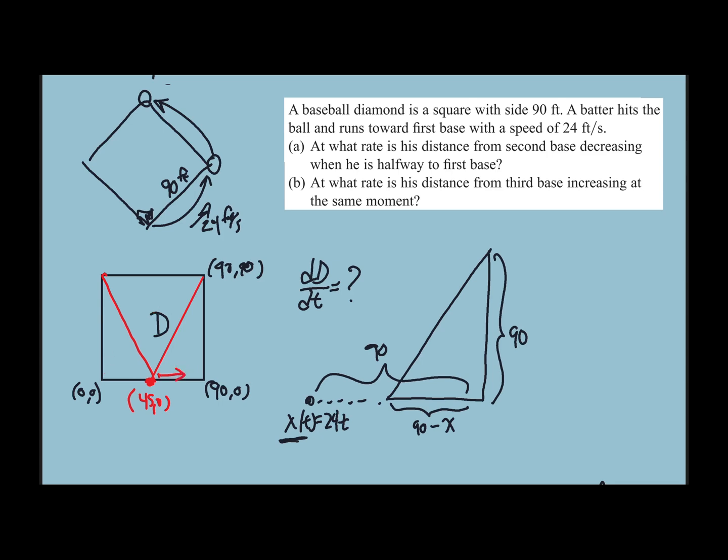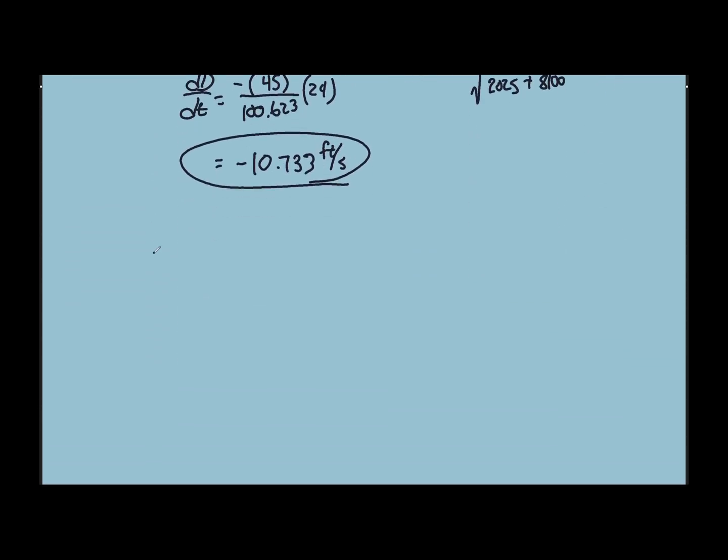So if I want to make this triangle, I think what we would say is this would just be x, and this is 90, and this is our D. So we'd say a squared plus b squared equals c squared.